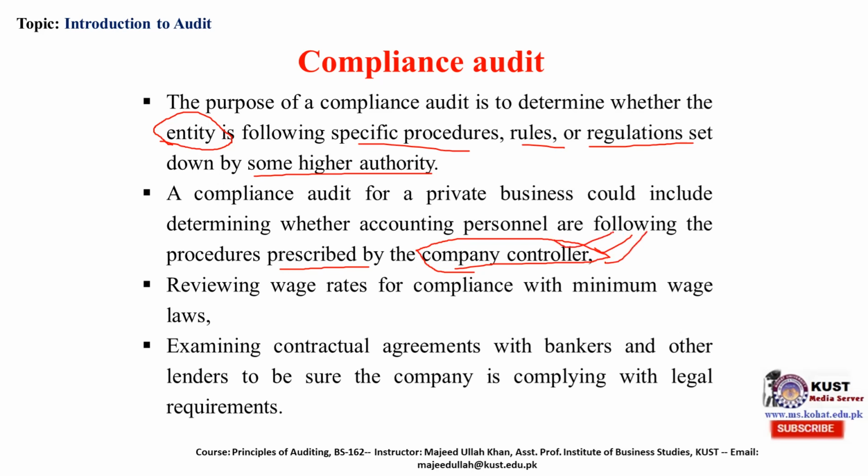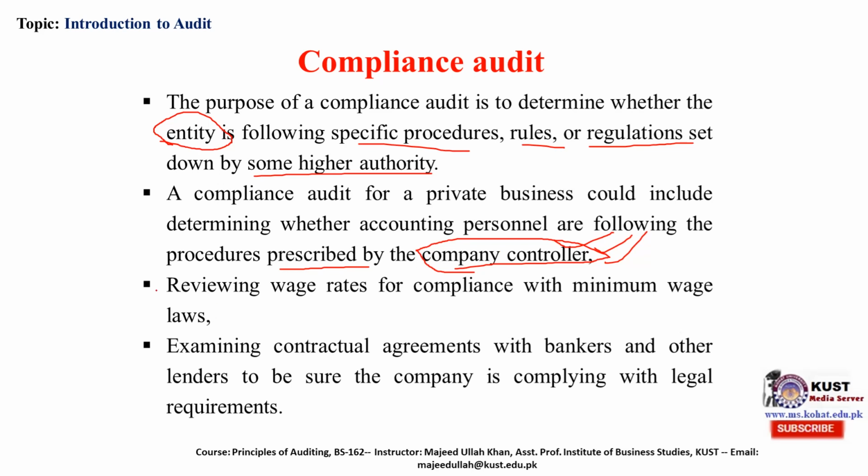So this is an example that a compliance audit may be carried out to find out whether the people who are working in the accounting department are really following the procedures, the rules and regulations, and the SOPs that are designed by the treasurer or the company controller.